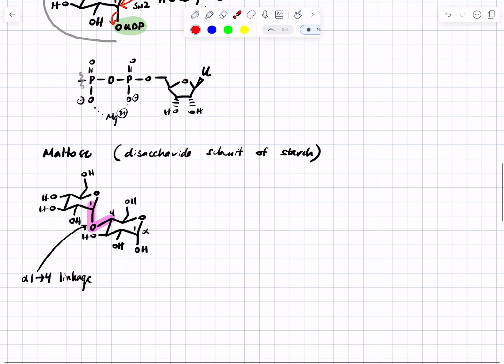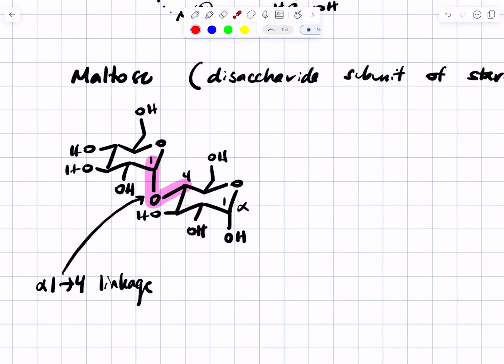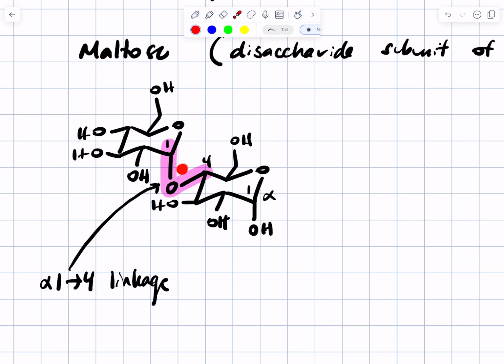So you don't need to memorize that this is called maltose, but given its structure, you would need to be able to say that that's an alpha 1,4 linkage, and you'd need to be able to say that these are individual glucoses. Yeah? Would there be a situation where the first glucose is alpha and the second one's beta? Yeah, that seems reasonable. In fact, if it's immediately hydrolyzed from starch, it probably is like this, but you might expect a squiggly line, a mixture of alpha and beta anomers at that first carbon.